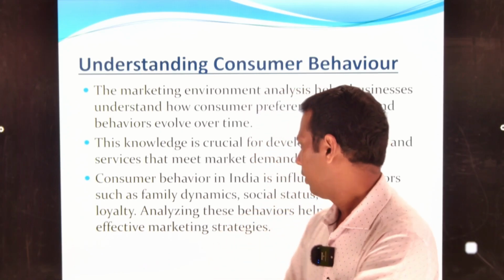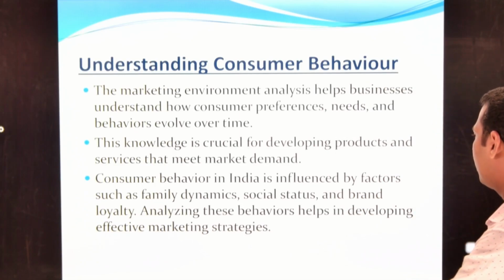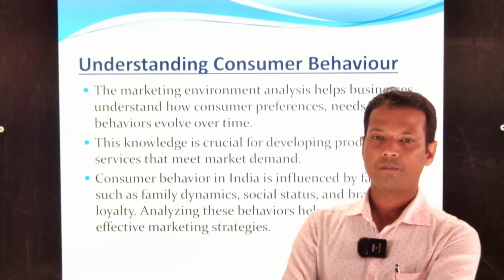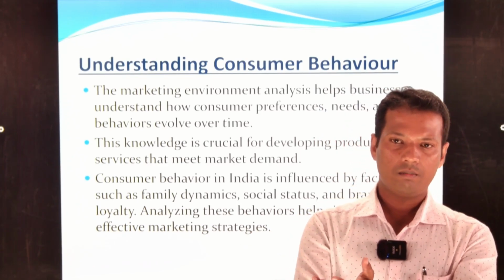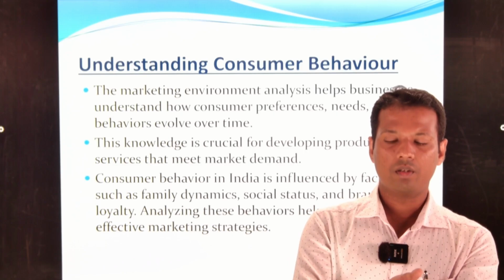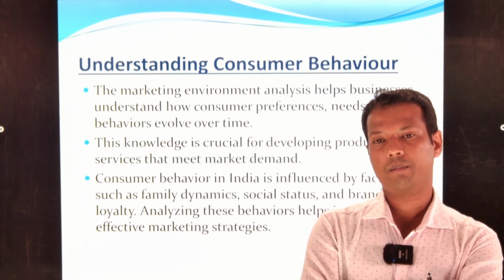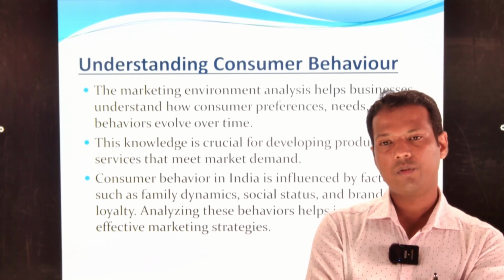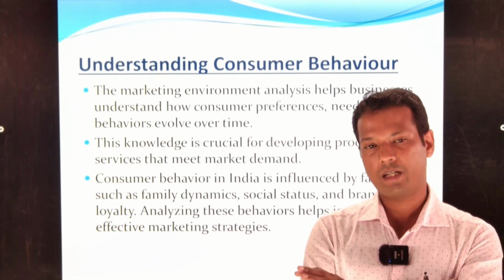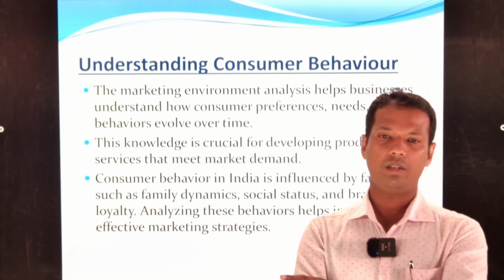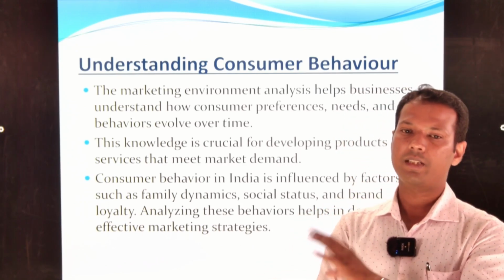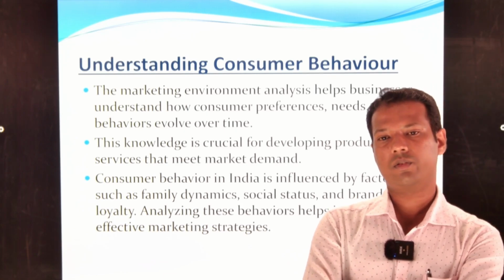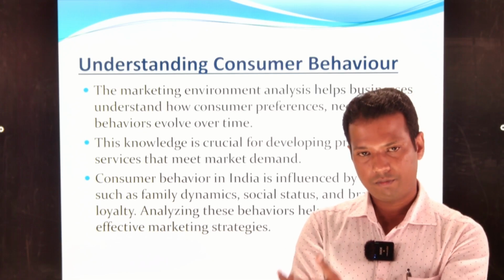Okay. Now, consumer behavior is also influenced by various kinds of factors. If you see the Indian market scenario, okay, definitely the marketing environment of different geographical locations has different implications. But if you are going to understand particularly the Indian market scenario, then you will see that India has been influenced by various kinds of factors, which also shape the marketing strategies, like our family dynamics.